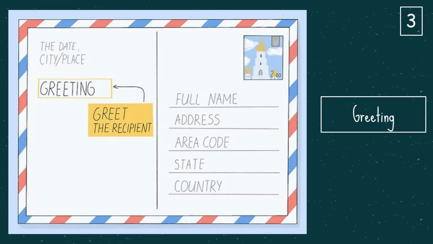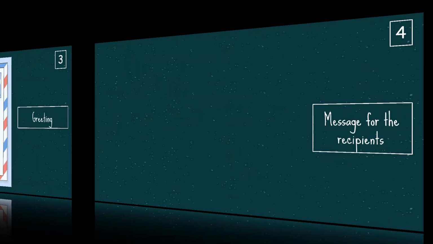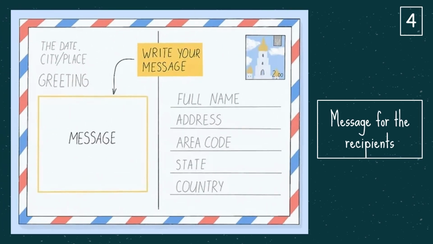After the greeting, we have to write down the message that we want to say to our friends or family. But friends, the message that we write on our postcard must be short.